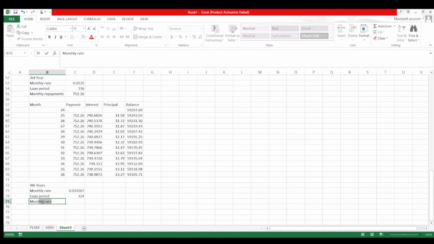Now with that information, you can calculate the monthly repayments.